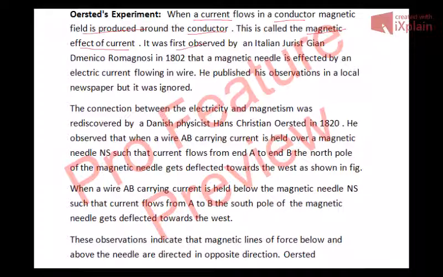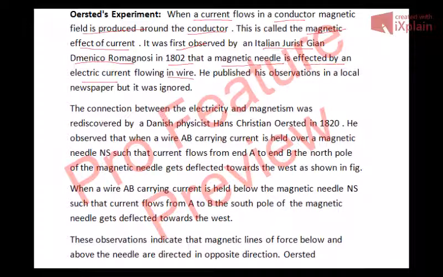It was first observed by an Italian jurist, Gian Domenico Romagnosi. He observed it in 1802 that a magnetic needle is affected by an electric current flowing in a wire.